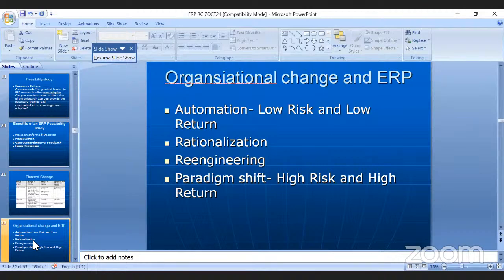Then rationalization: rationalizing the process, cutting down unwanted processes. Say to get a loan, you may verify land, building, relatives, credibility, creditworthiness. You send so many people to check everything, and they come back and give you a report. Then you pass this application to the next level.